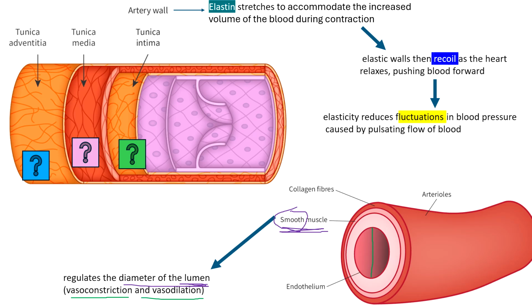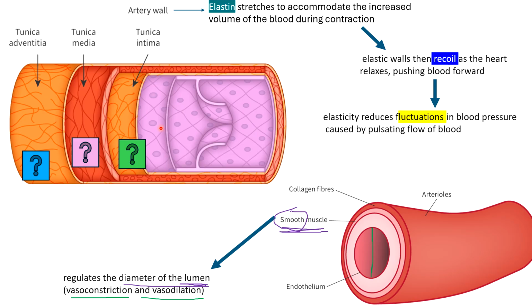Okay. Now, let's move on to the three layers of the artery. First layer, the tunica intima. It contains the endothelium layer, which creates a smooth, friction-reducing lining.